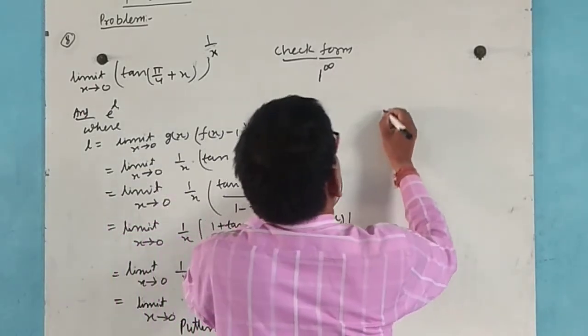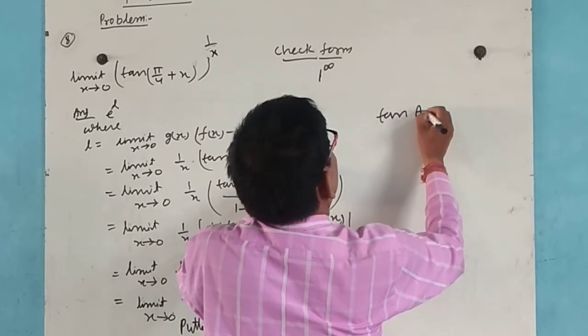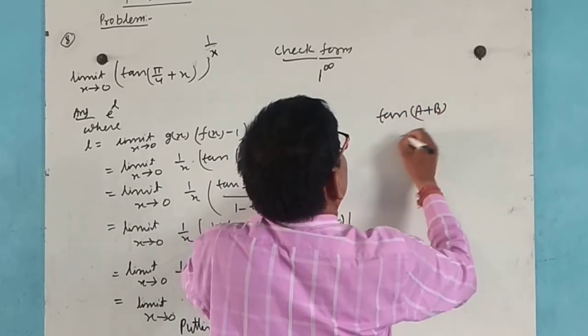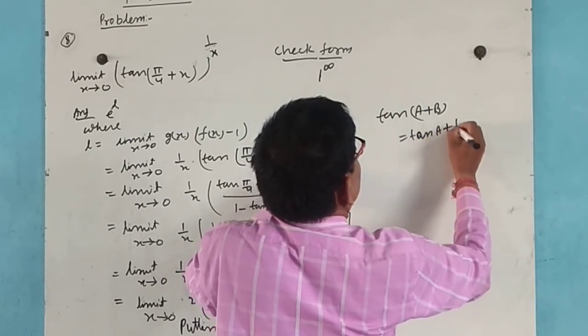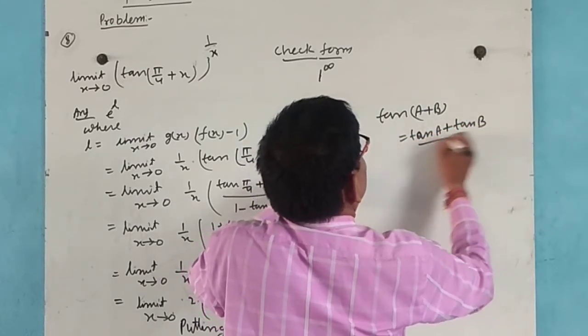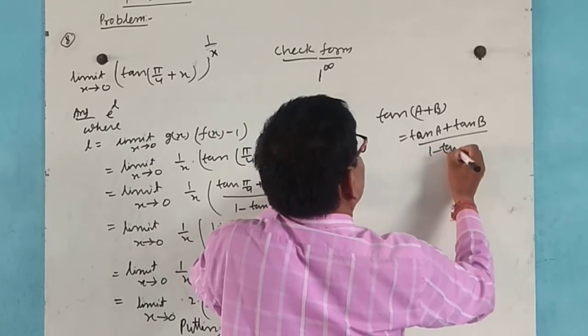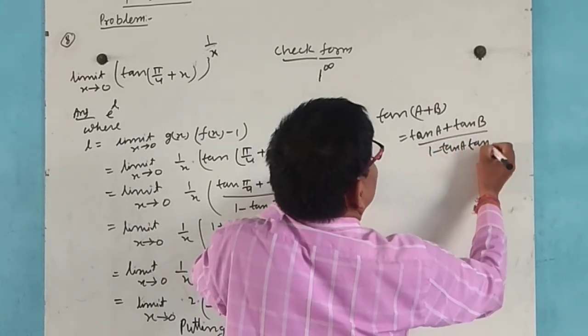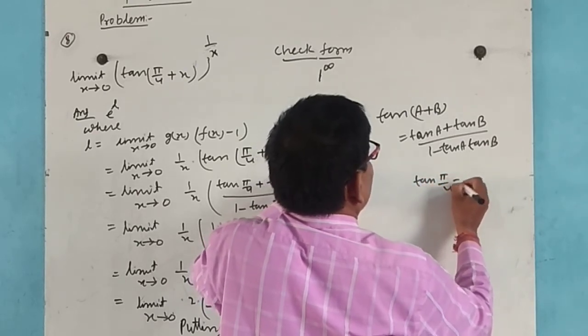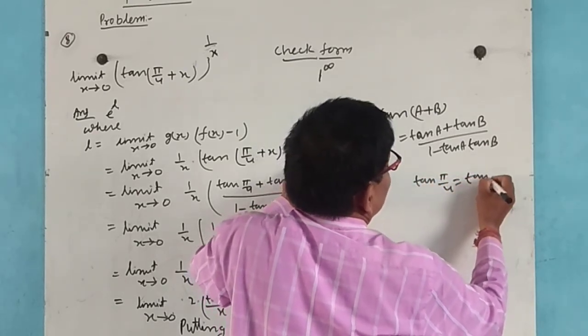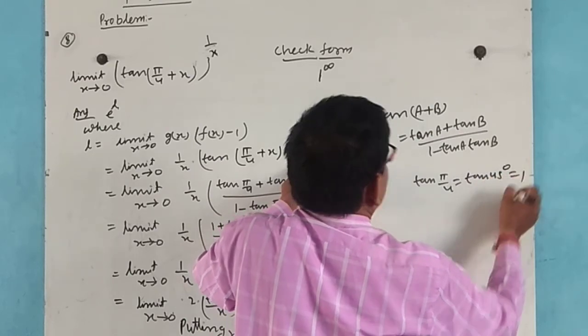Here this can be written using tan of a plus b equals tan a plus tan b, over 1 minus tan a tan b, and tan pi by 4 equals tan 45 degrees, which is equal to 1.